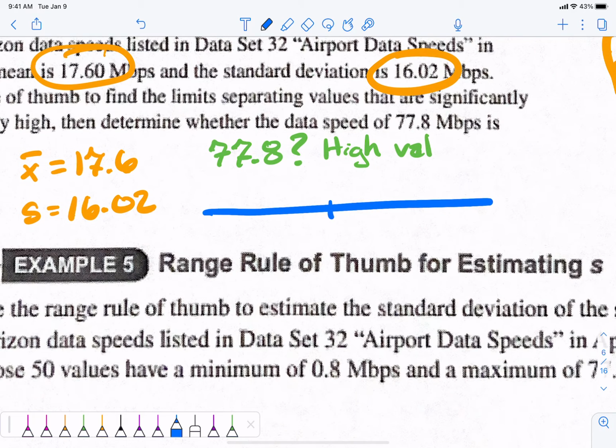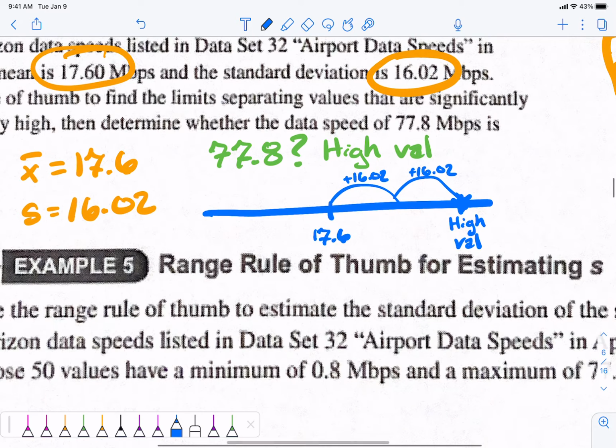So starting with the average in the middle, which is 17.6, standard deviation is adding 2 of those to get my high value. This is my high value. Okay? If I take 17.6 and I add 16.02 and 16.02 again, it's like adding 32.04 to 17.6. What is that number?